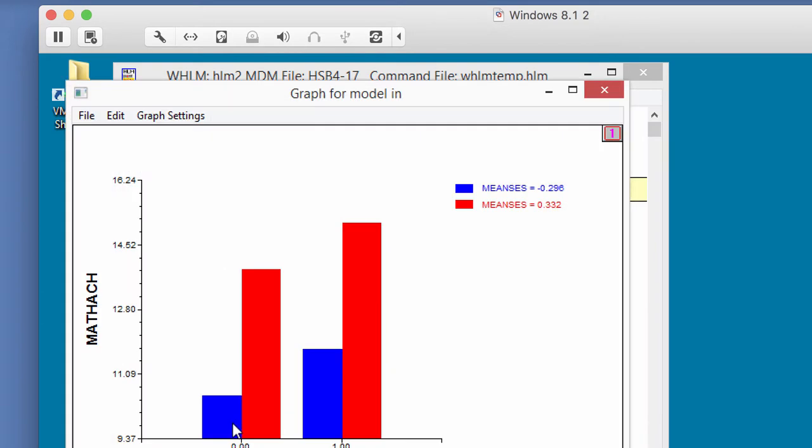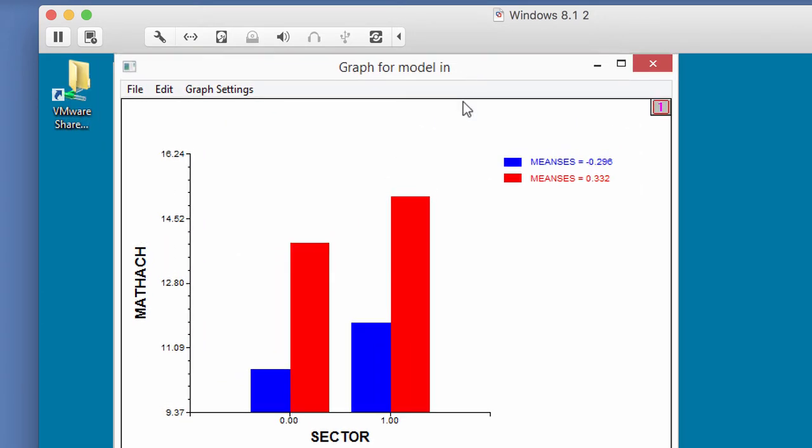And then when I graph this, you can see that for schools, for example the public schools, those that have low SES definitely have lower math achievement than those in high SES conditions.